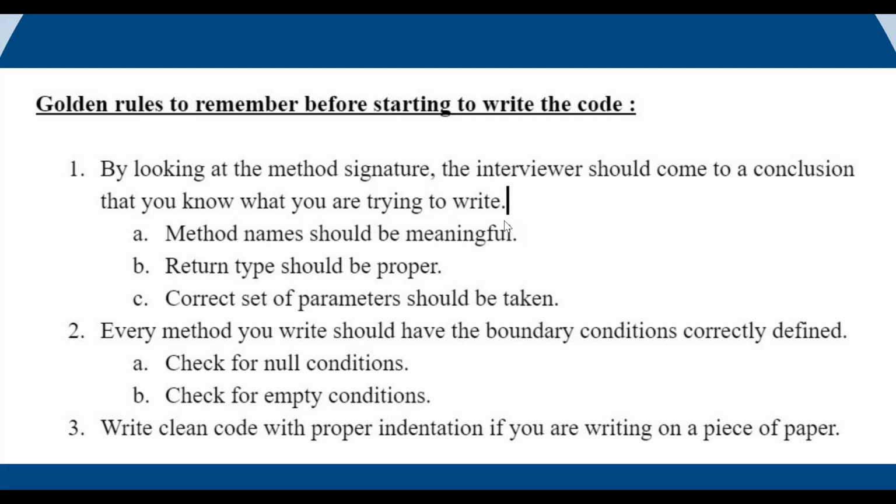By looking at the method signature, the interviewer should come to a conclusion about what you're trying to write in it. The naming is very important, guys. The method names should be meaningful, the return type should be proper, and there should be the correct set of parameters. If this is fine, 50% of your problem is solved, guys. How people evaluate you in a coding interview is just by seeing the method signature, you're half selected.